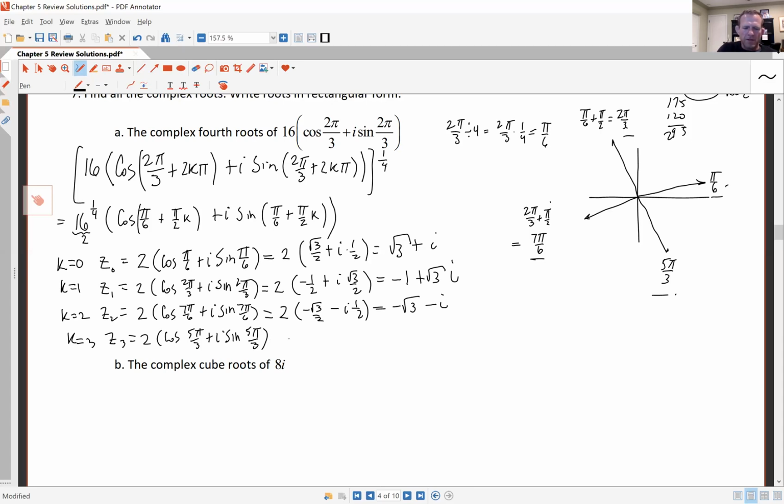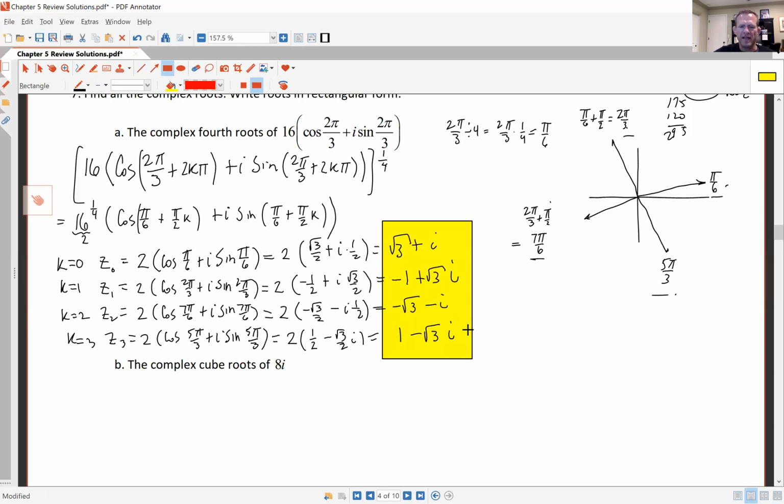And then the last one, cosine of 60 in quadrant 4 is 1/2, and the sine of 60 in quadrant 4 is negative root 3 over 2, which is 1 minus root 3 i. And there are all the fourth roots of that complex number.